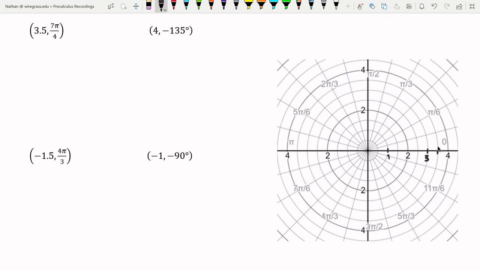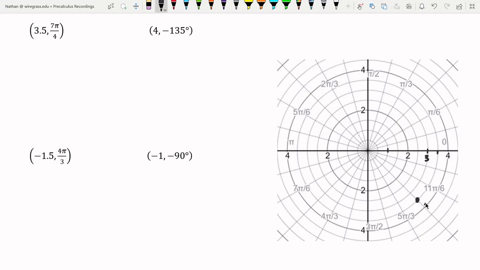So 3.5 is going to be along this circle all the way around until we get to this point right here. I can draw a line out if I wanted to. I don't have to. I can just draw a point, right? But the line out tells me that this is 3.5, and going all the way around, we get 7 pi over 4. Okay, so that's the correct point.